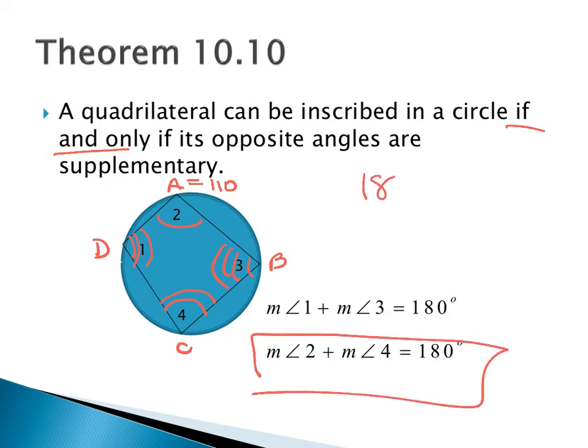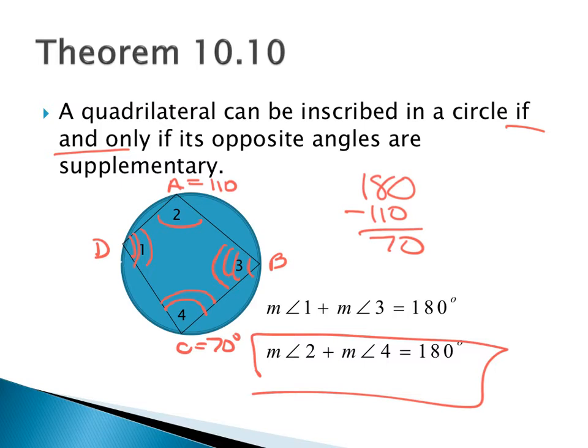So to find angle 4, or C that I've labeled here, subtract it. And angle 4, or angle C, would be 70 degrees. So realize that when your quadrilateral is inscribed, opposite angles will be supplements.